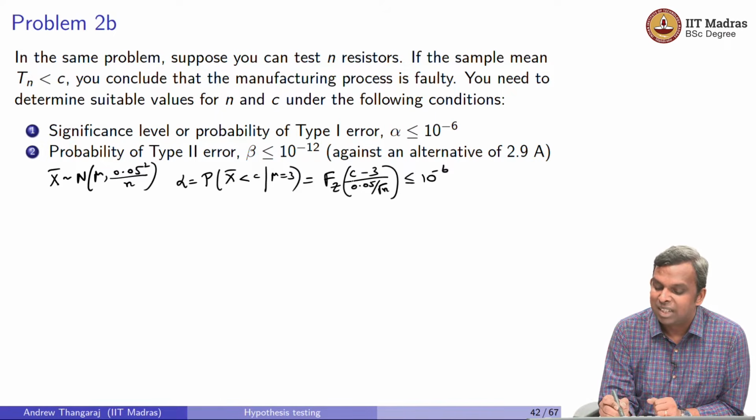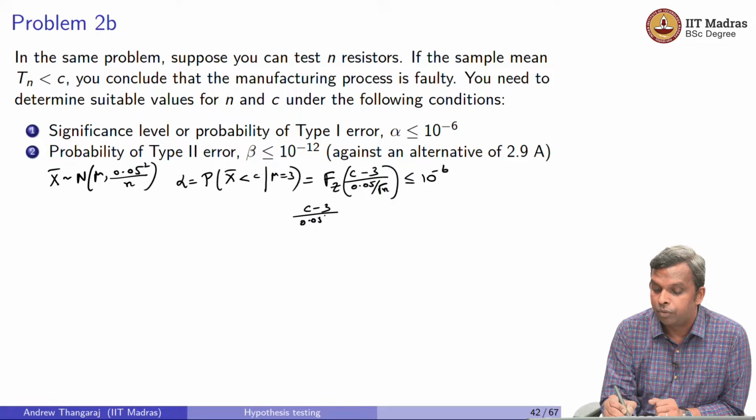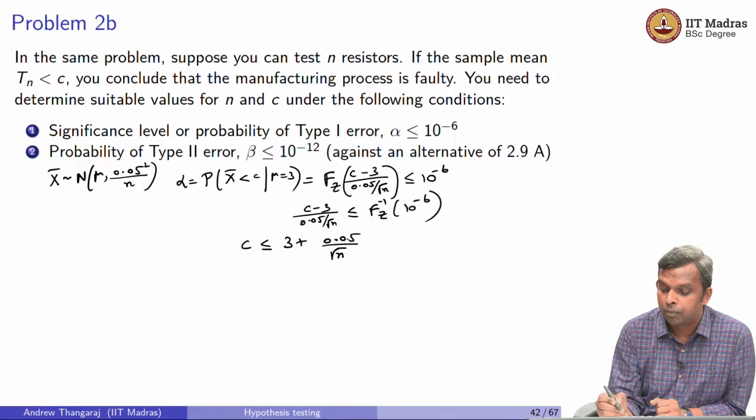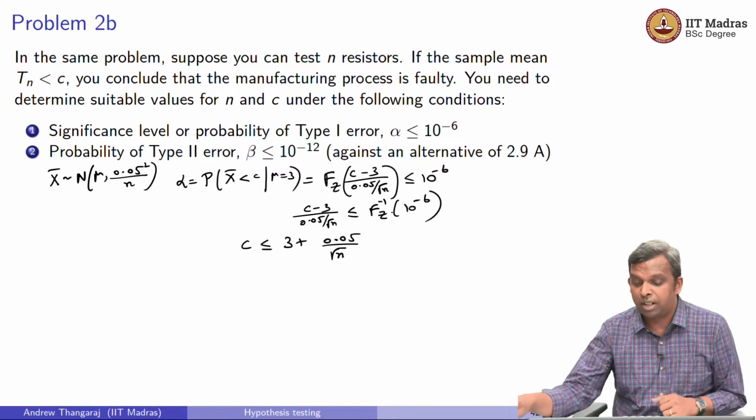Okay, so in this case, what should happen here? You can invert. Fc is monotonic, so this will be (c minus 3) by (0.05 by root n) is less than or equal to Fc inverse of 10 power minus 6. So from here you will get c is less than or equal to 3 plus 0.05 by root n times Fc inverse of 10 power minus 6.